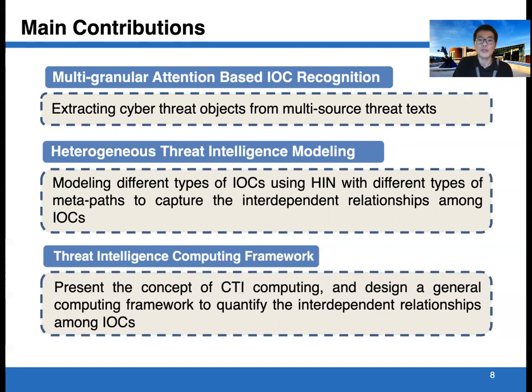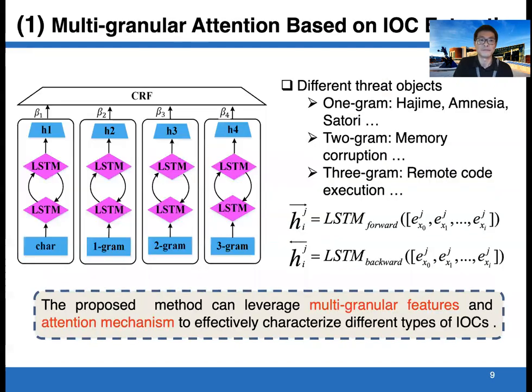Next, I will introduce our system design in detail. First, to extract IOCs from the threat descriptions, we propose a multi-granular attention-based IOC extraction method. As we all know, the threat texts usually contain a large number of threat objects with different lengths and irregular structures.